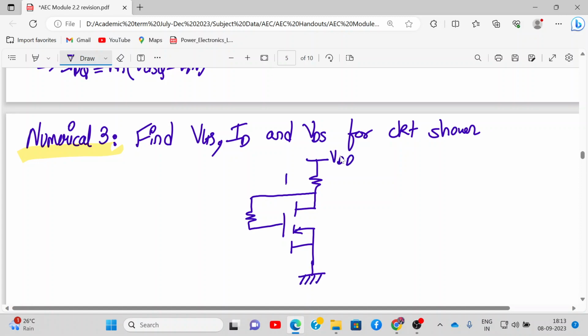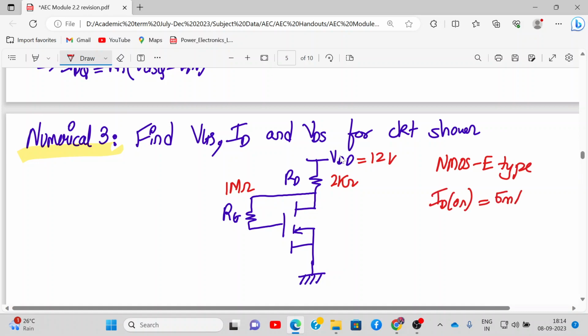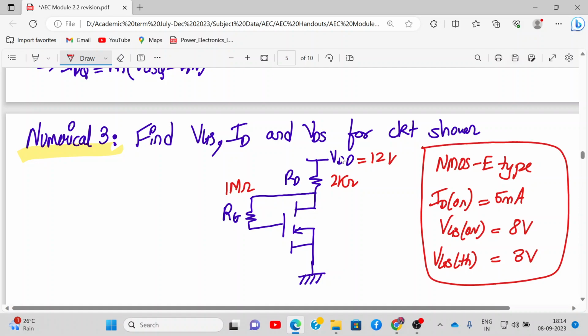This is VDD, RD, RG. The values are, RD value is 2K, VDD is 12 volt, RG is 1 mega. And they have given NMOS E-type data. Parameters are given. So ID on is given as 6 milliampere. VGS on is given as 8 volt. VGS TH is given as 3 volt. This is the given data.